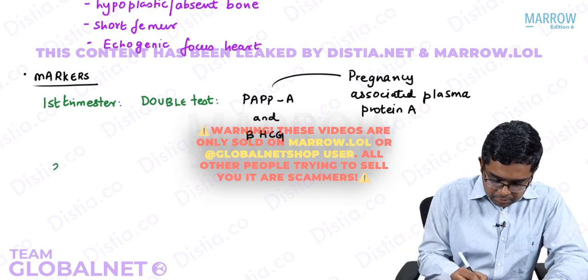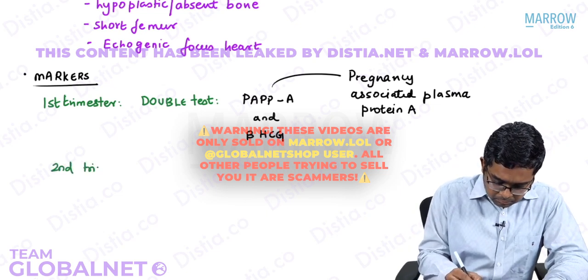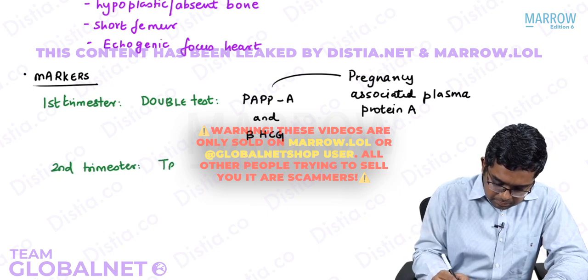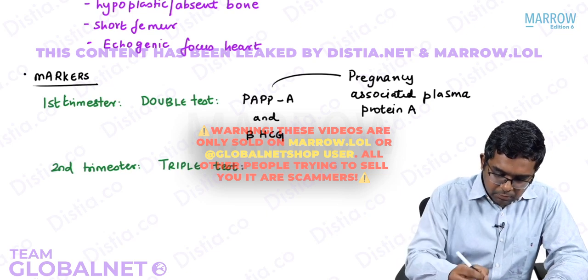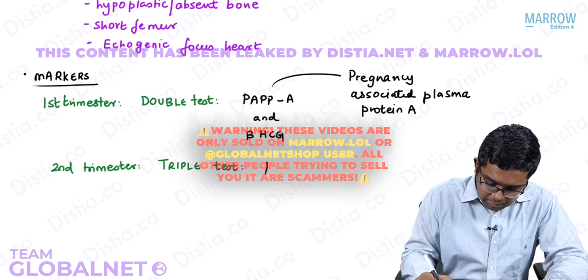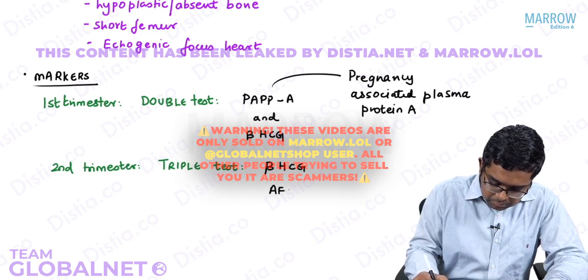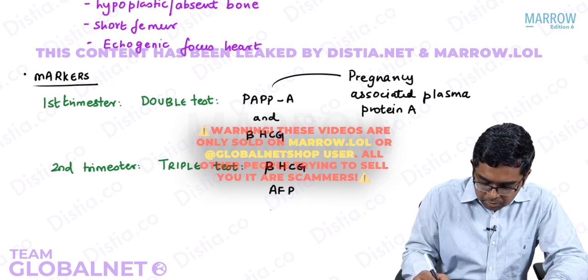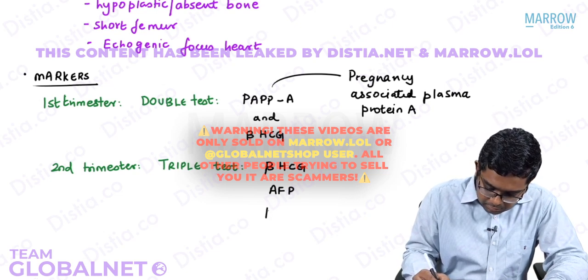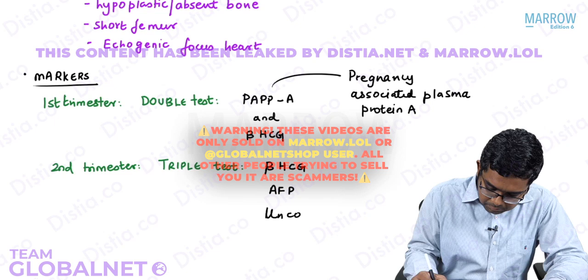Then in the second trimester, we can do something called a triple test, which includes again beta HCG, alpha fetoprotein, and one more, unconjugated estriol.